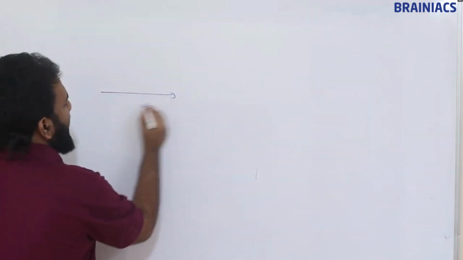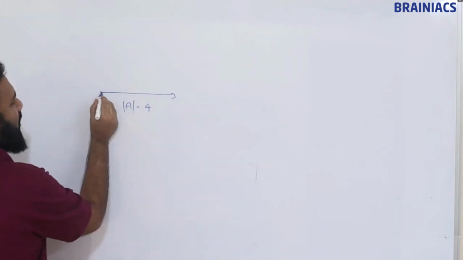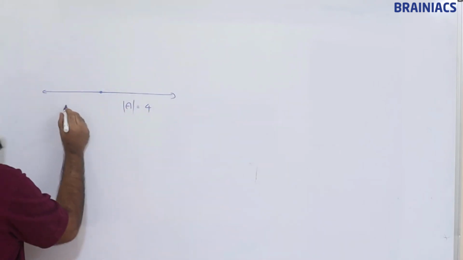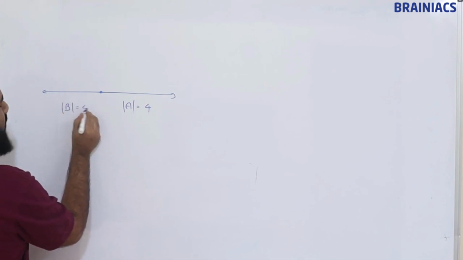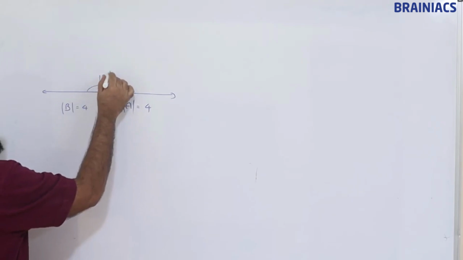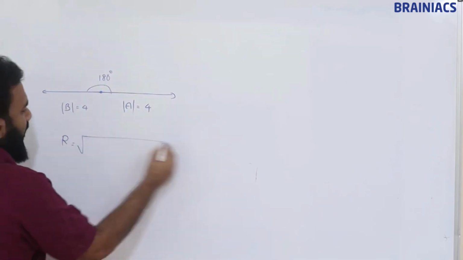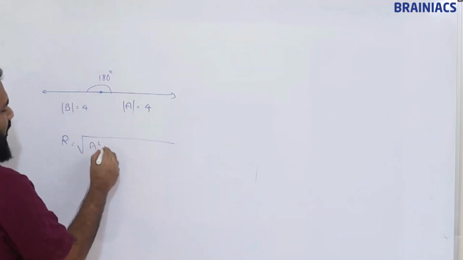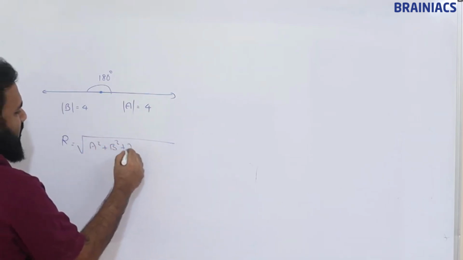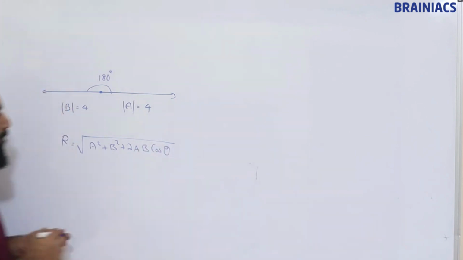Say if this is a vector A, its magnitude is 4, this is another vector B, its magnitude is also 4, and the angle between them is 180 degrees. Its resultant is the square root of a square plus b square plus 2ab cos theta.